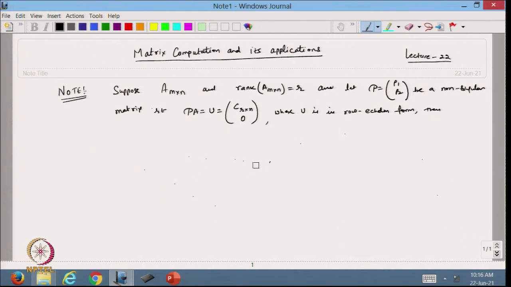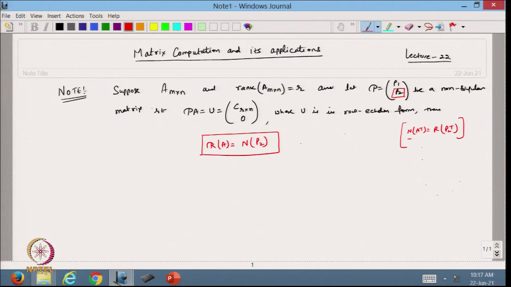Then we have one relation: the range of A can be written as the null space of P2, where this is my P2. Earlier we also discussed that the null space of A transpose is the range space of P2 transpose.